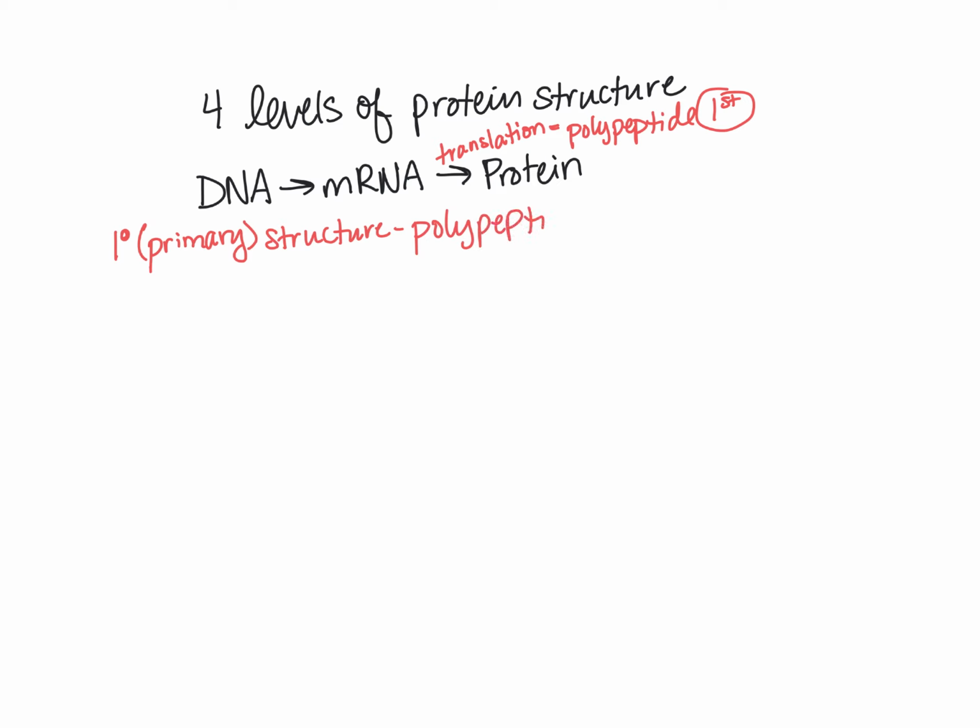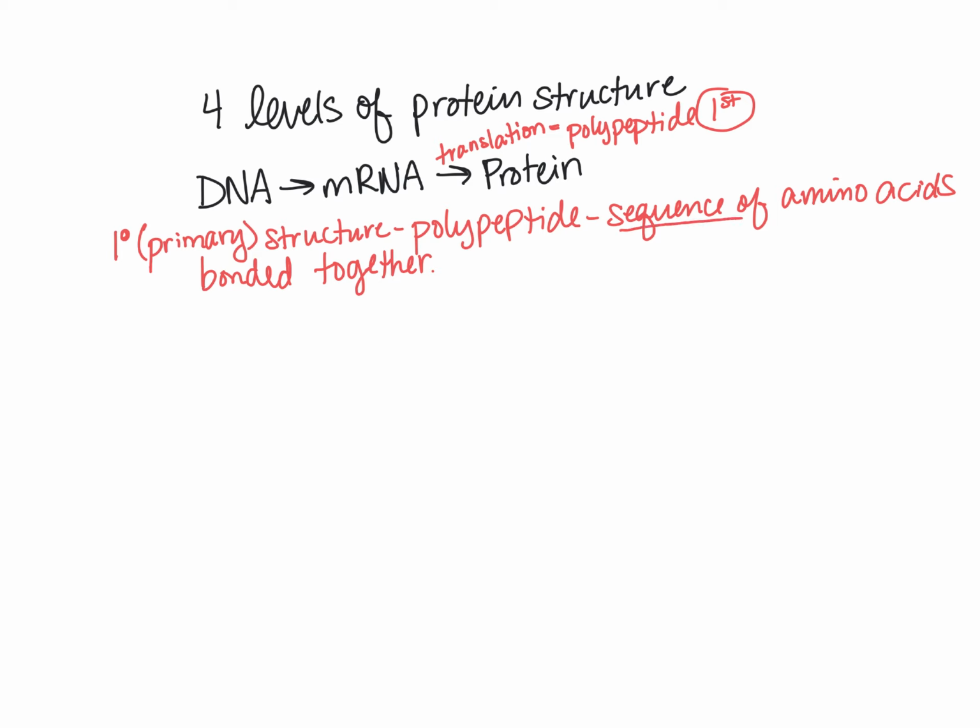And remember that a polypeptide is just a sequence of amino acids bonded together. Now, each protein has its own polypeptide sequence. So this sequence of amino acids is going to be different depending on which protein you're making.